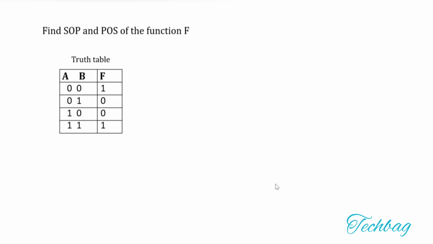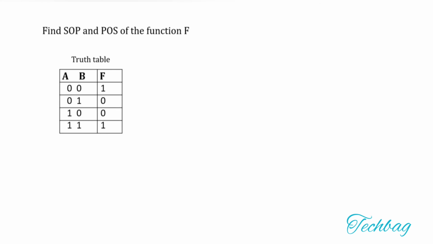So you all know how to write sum of product and product of sum. If you want to write a sum of product expression, you have to find the input combination for which the function is 1, and you have to write the input combination as a min term. Now you have the min terms, then you have to take a logical sum of those min terms.